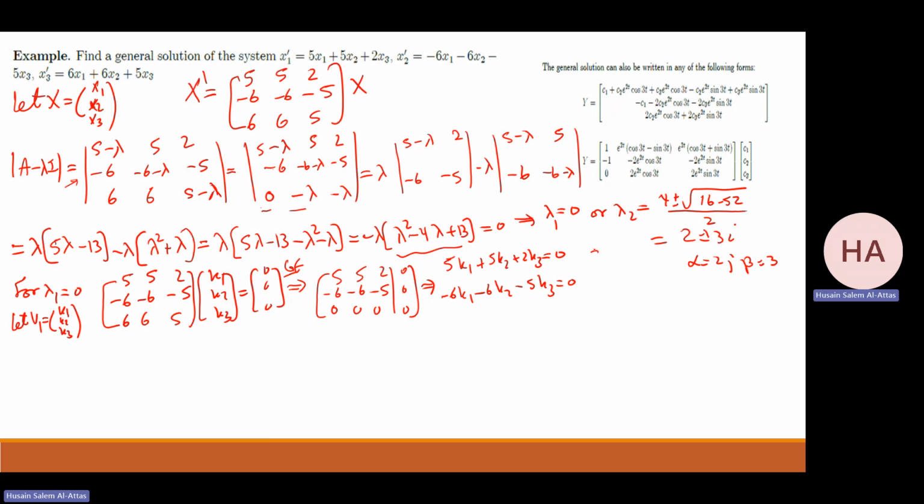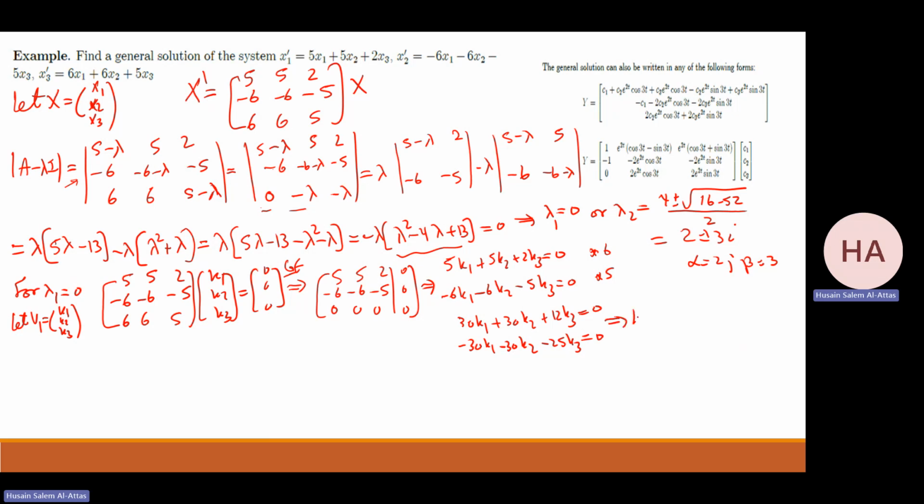I notice you multiply here by 6, multiply here by 5. You get 30k1 plus 30k2 plus 12k3 equals 0. And this is minus 30k1 minus 30k2 minus 25k3 equals 0.